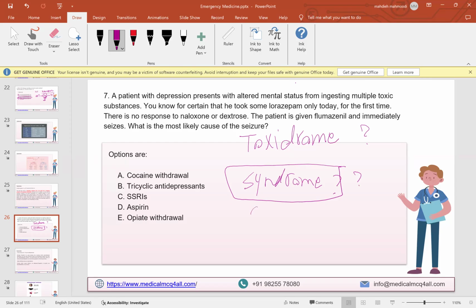A syndrome is a cluster of signs and symptoms, sometimes even lab tests, that points towards a specific disease or a specific disorder, right? Example, Cushing's syndrome: increased weight, central obesity, thin skin, purple striae, high blood sugar, high blood pressure, low immunity, changes in potassium levels.